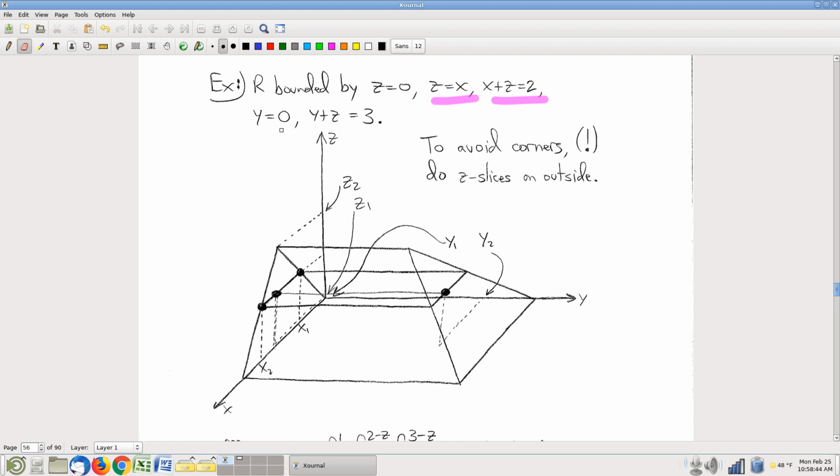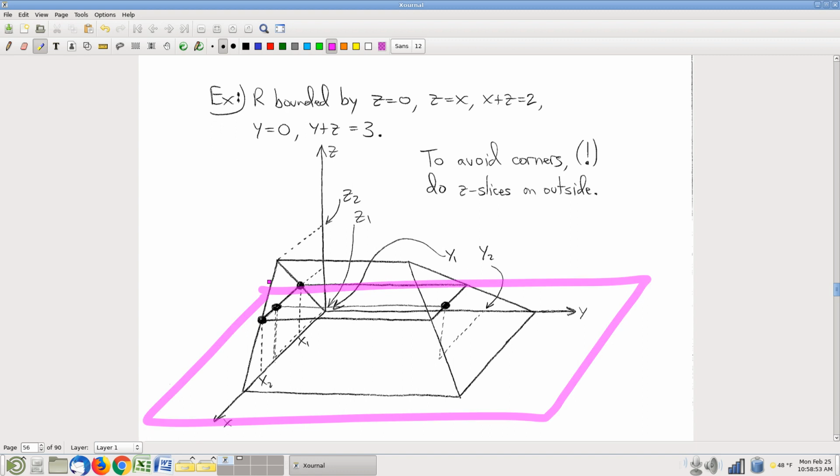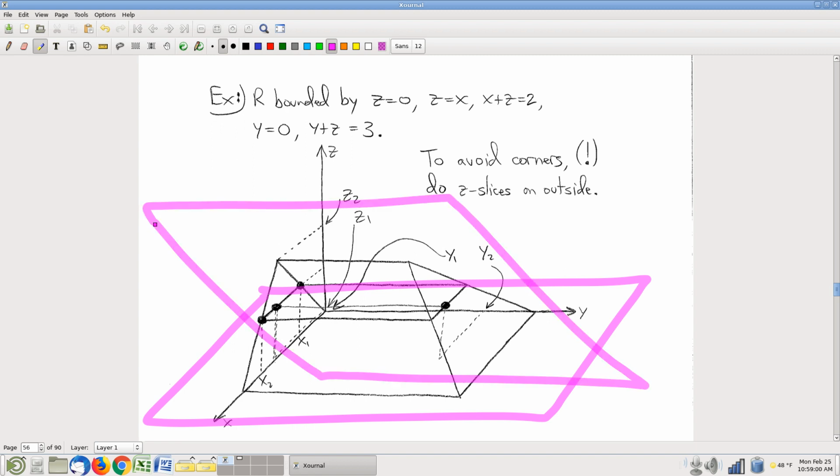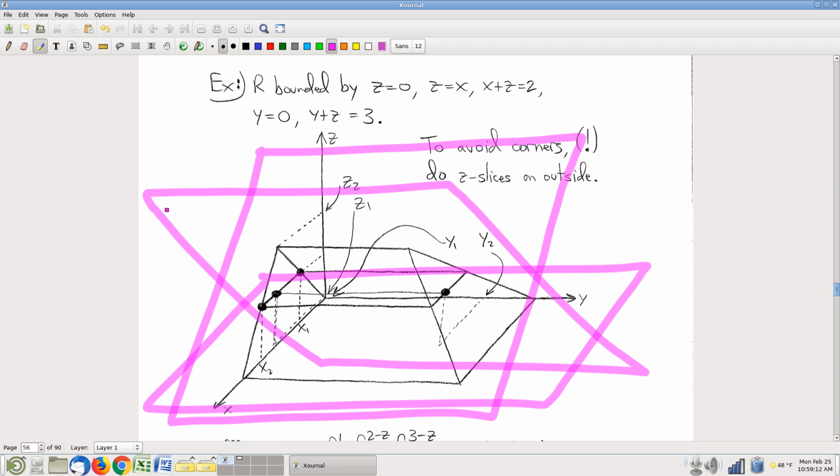And then you start drawing these planes, and you start to realize, oh my gosh, let's see: z equals 0, z equals x, x plus z equals 2, y equals 0, and y plus z equals 3.